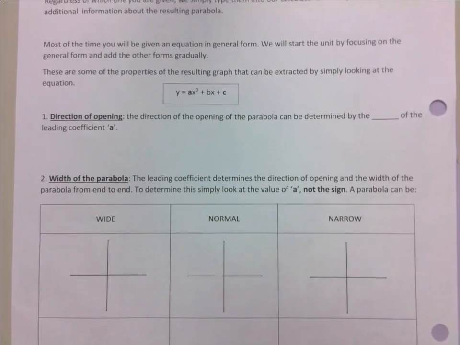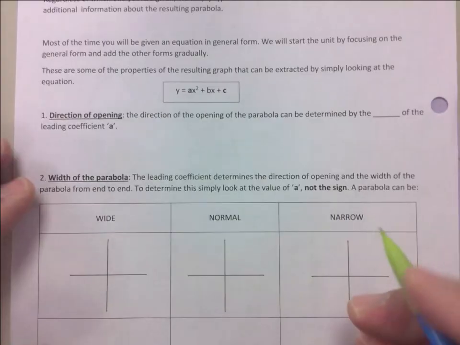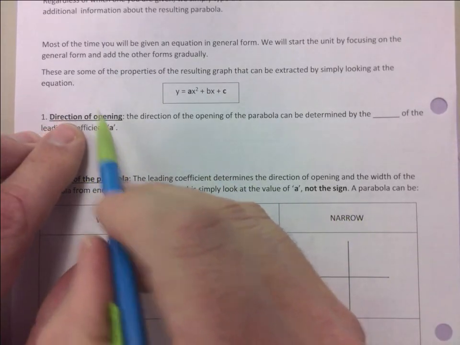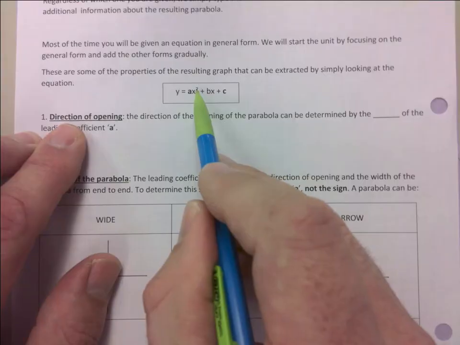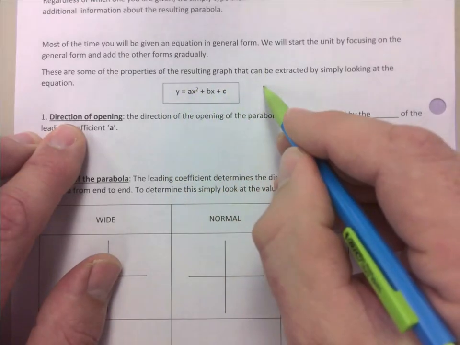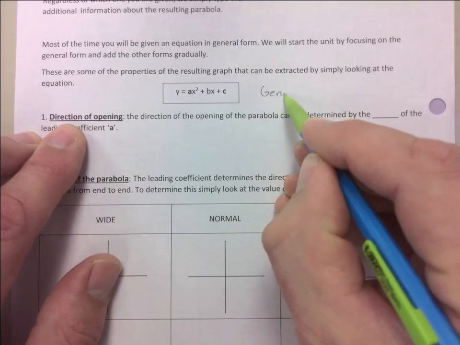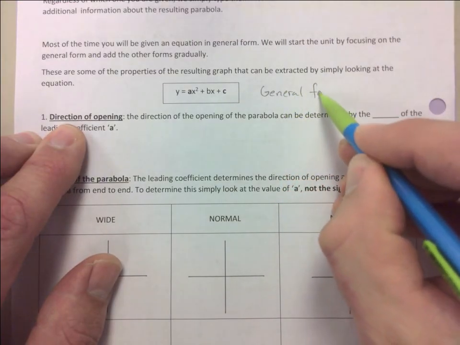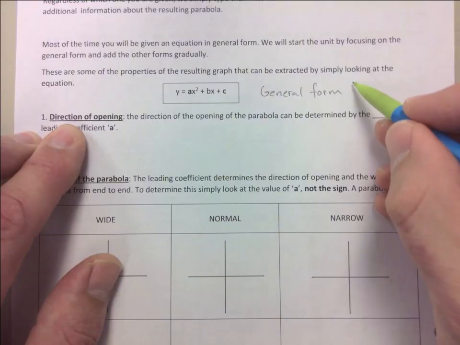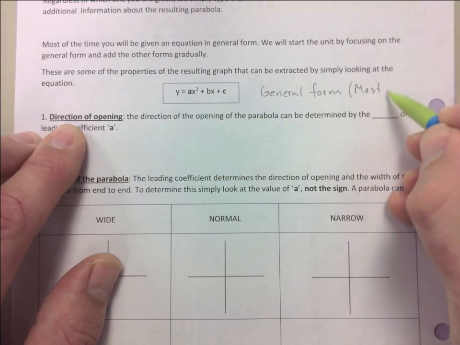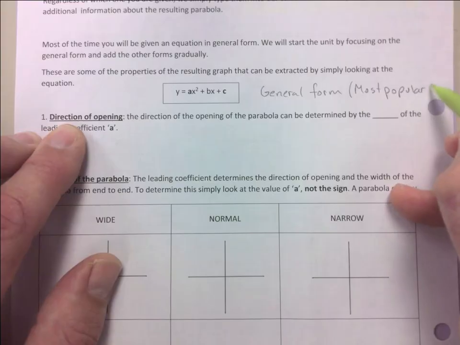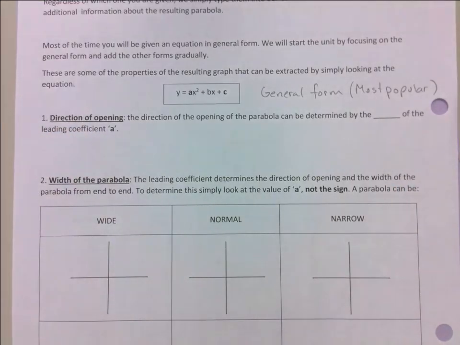Okay, guys. So here's where we're going to explore a bit more. We're going to stick to general. This is the general form. I will also say this, most popular. The questions that I'm going to give you most of the time are going to be in general form.